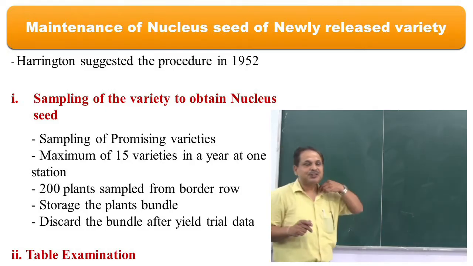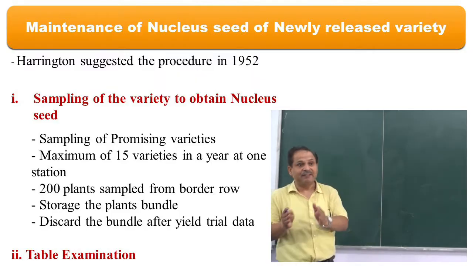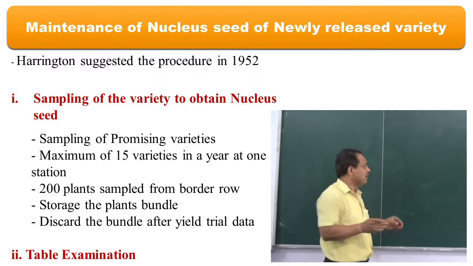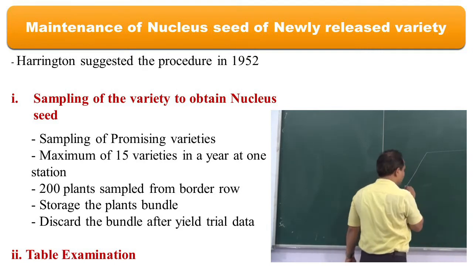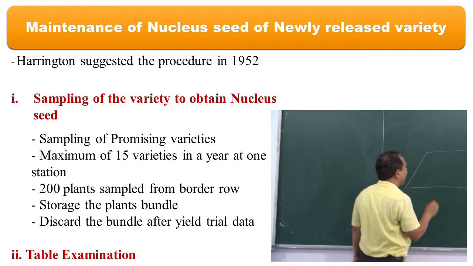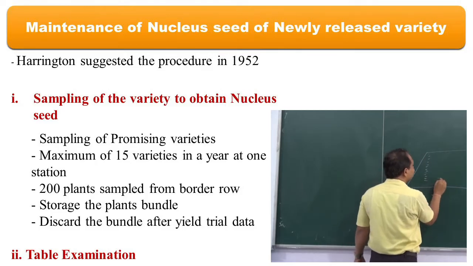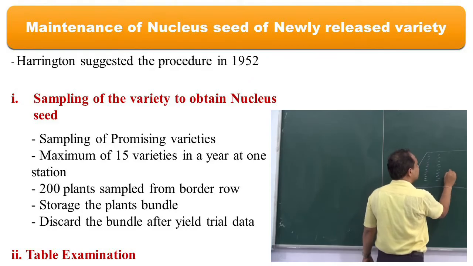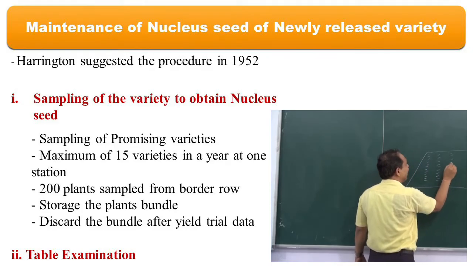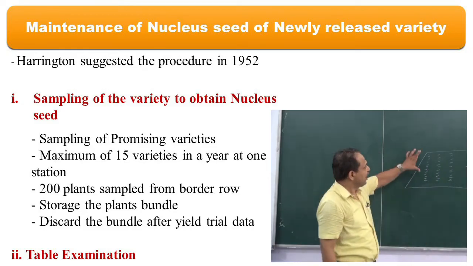Table examination means the harvested, threshed material of each and every plant is examined properly on a table. On the table, we make a pile. The seeds of each and every plant are arranged in this way, make a pile, and then we critically examine this pile.